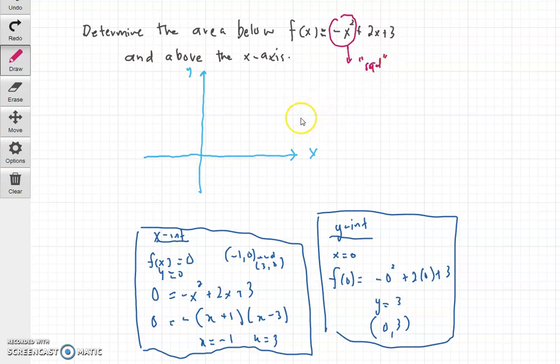So we already know the intercepts that we have here. For the x-intercepts, you are going to get negative 1, 0 and 3, 0, and then you get 0, 3. You can just put it somewhere here. This is just a sketch, so we can guess.